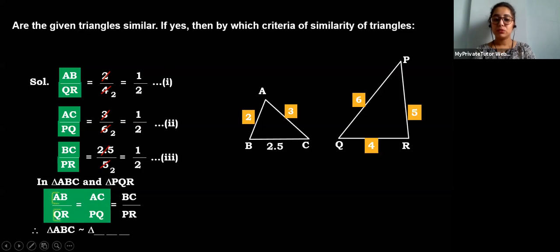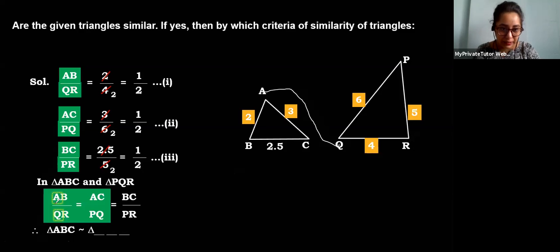That means the given triangle ABC is similar to triangle Q... Now, how will you write this? I'll tell you this part first. According to the correspondence, AB corresponds to QR. You can see in this part, I've highlighted it.